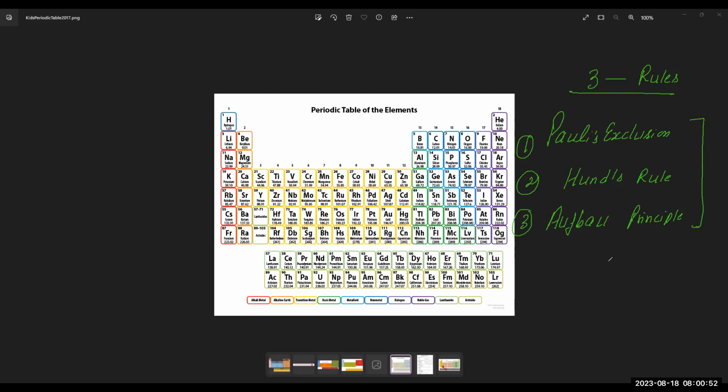So when you are writing the electron configuration, you have to take care of these three rules. And then we did some exceptions here, if you remember. Chromium, copper family, they have exceptional configurations. And that was based on the fourth rule, which is different. We don't have any specific name for it. But I told you that exactly half filled and fully filled are more stable.